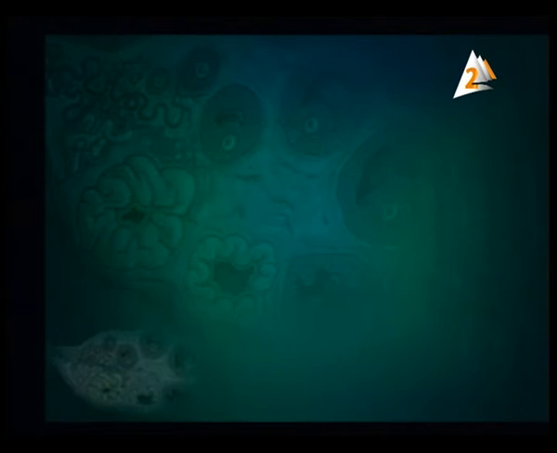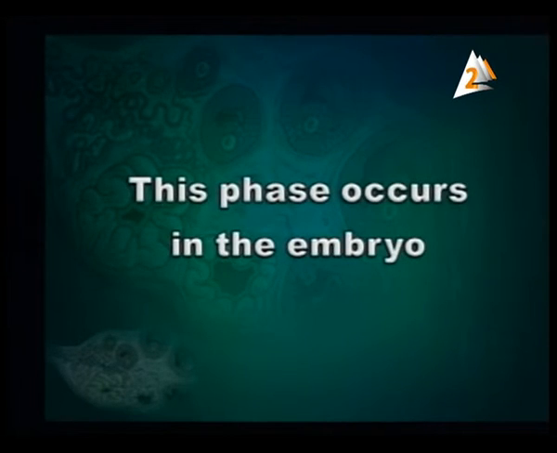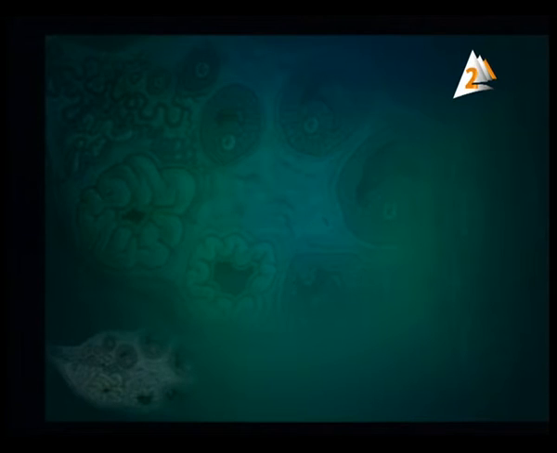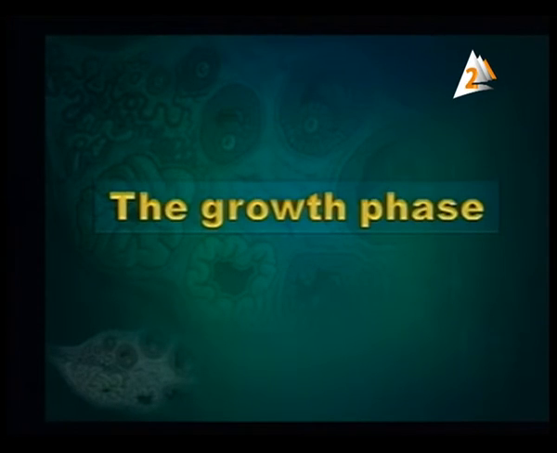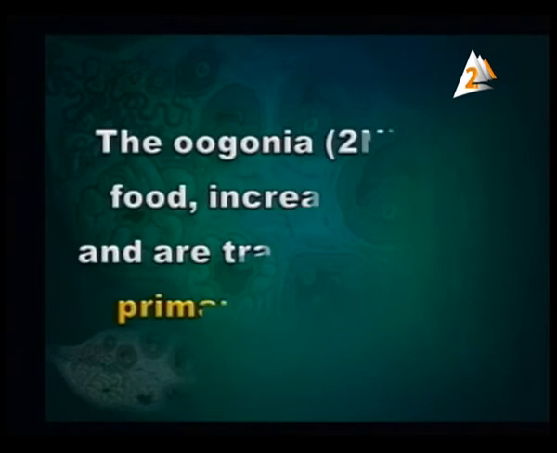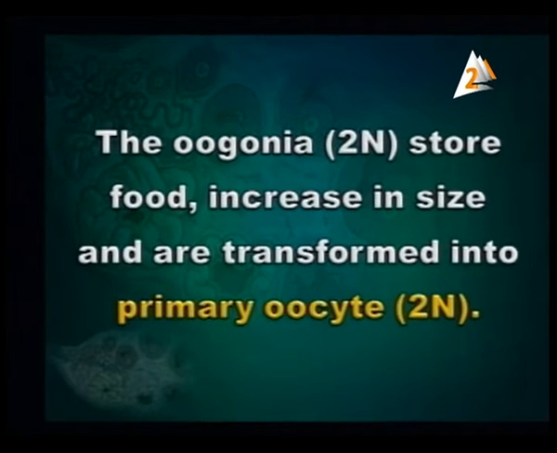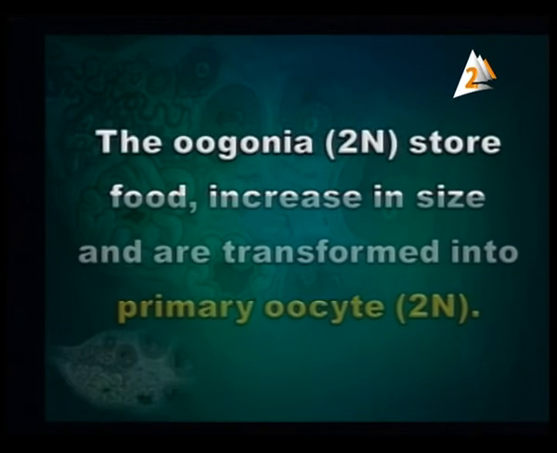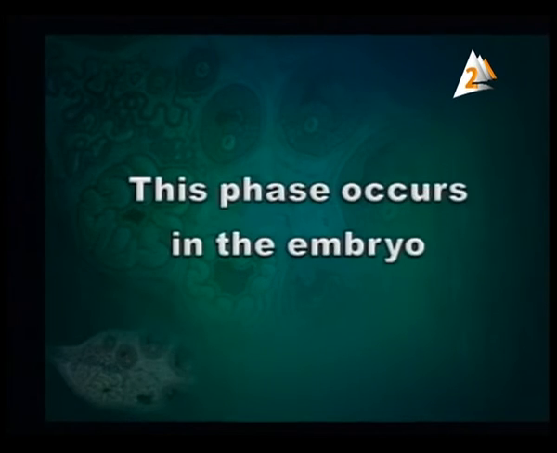This occurs in the embryo. In the growth phase, the diploid oogonia store food, increase in size and are transformed into diploid primary oocytes. This phase also takes place inside the embryo.